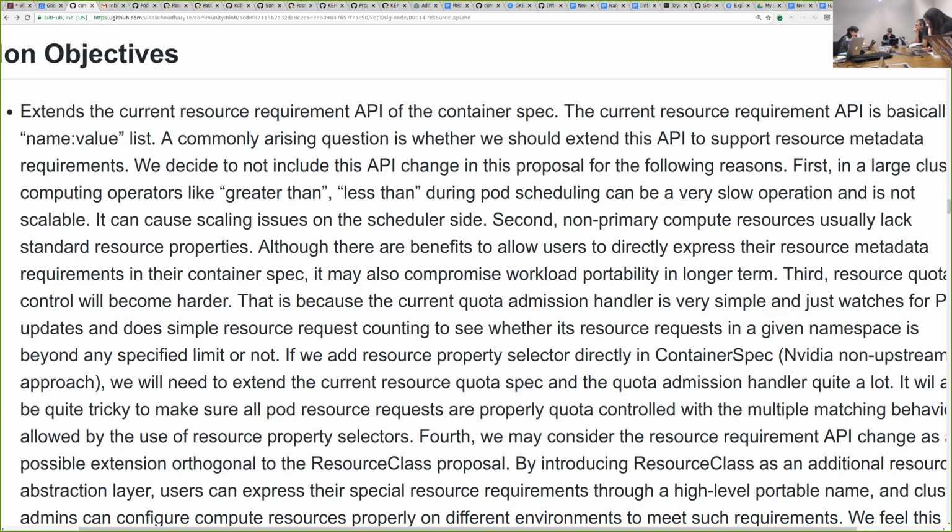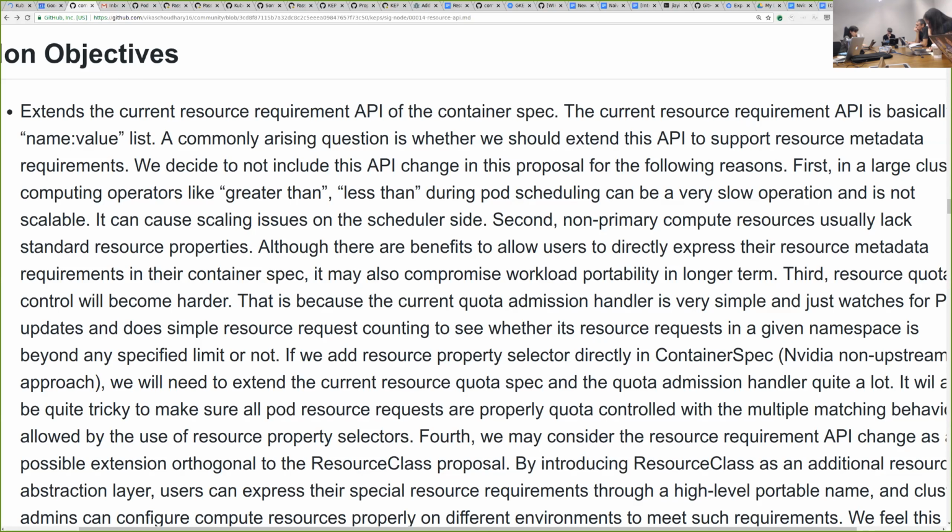But there are several reasons we didn't include this in the proposal. The first reason is mostly scaling concerns, because evaluating the properties is basically label matching, and evaluating such label matching for every pod and every node's compute resource is very expensive.